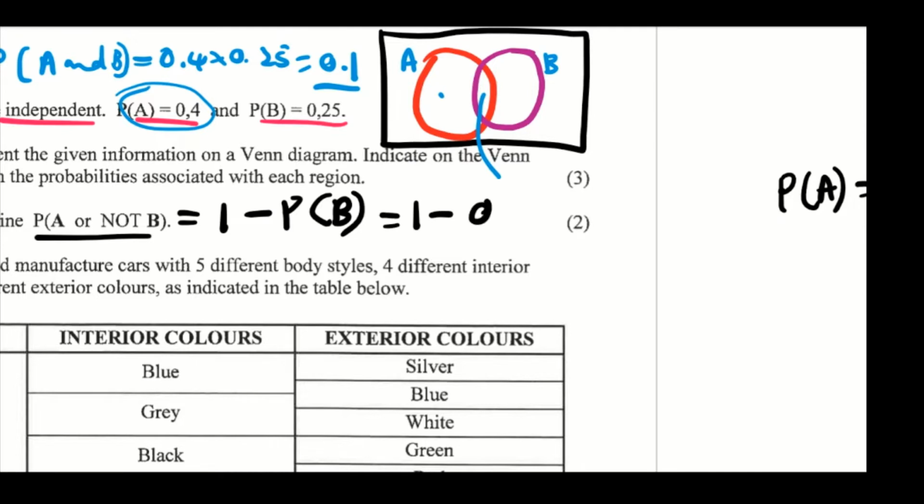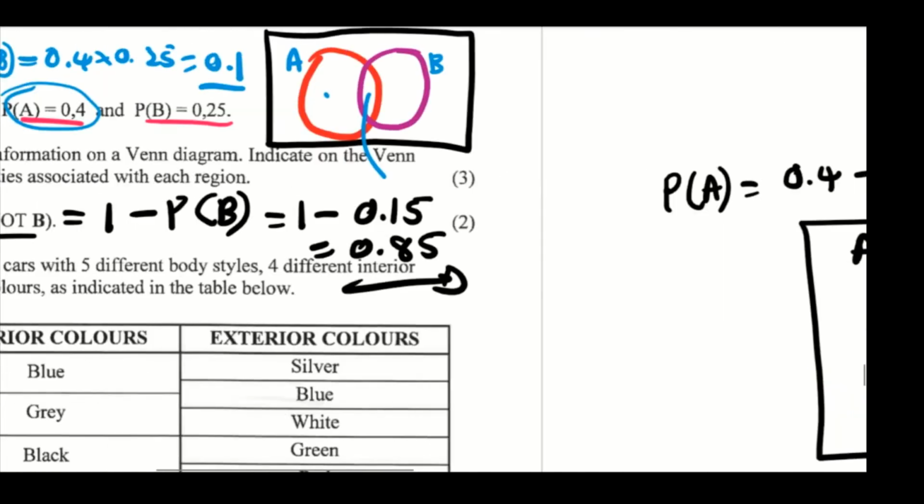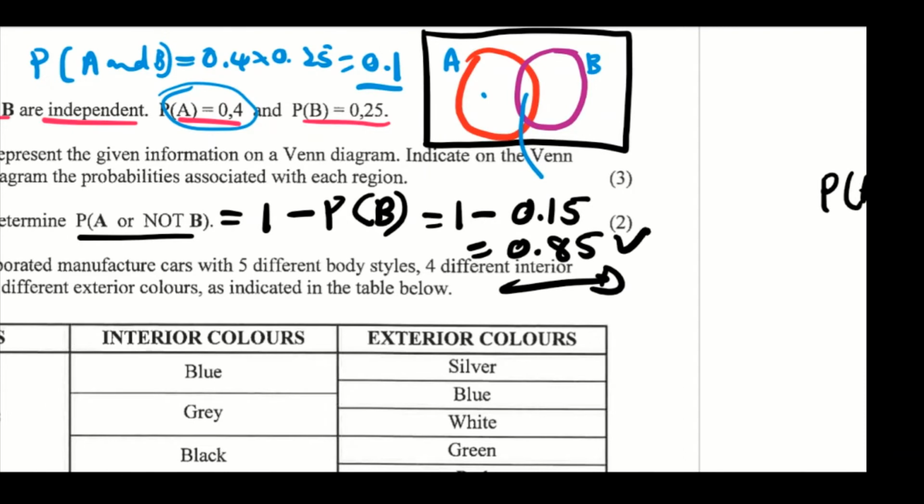So we'll get 0.85. The reason why I didn't write the 0.25, the probability of B, is because we want to exclude A, so we just consider B only without A, so that we get not B. So yeah, this is the answer for this question here.